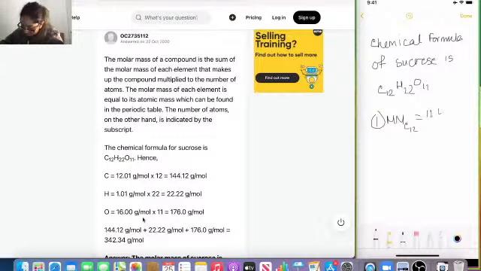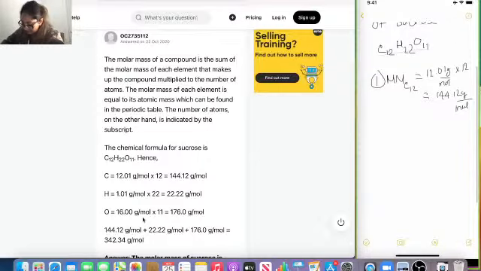So 12.01 grams per mole, and since we have 12, we just multiply this by 12 and you get 144.12 grams per mole.